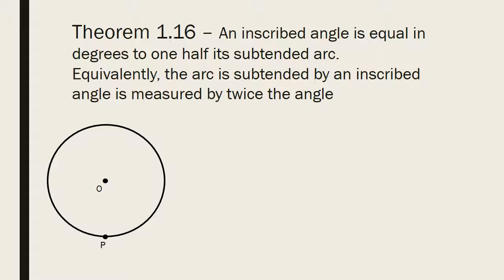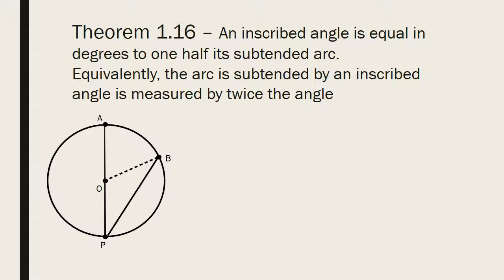Let's draw a line through the diameter, from point P to point O, straight on to the other side of the circle at point A. Now let's draw a line from point P to another part of the circle, which we'll call point B.